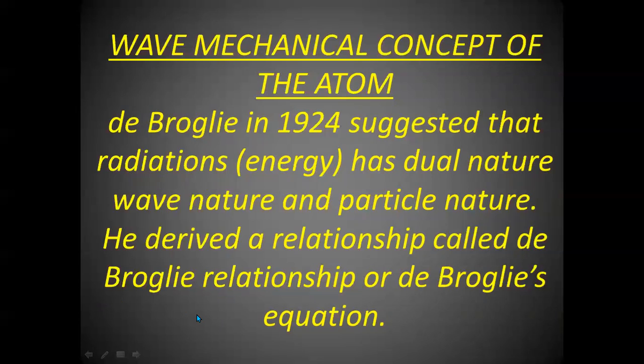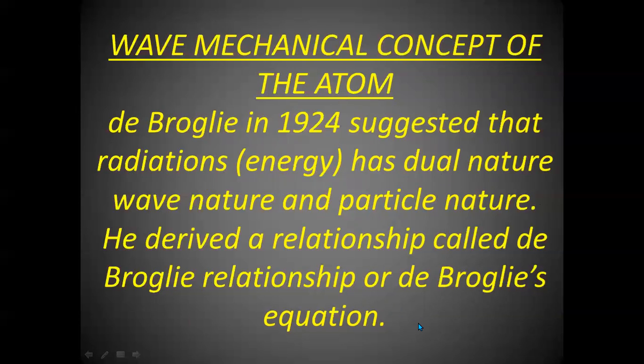So he says that we can use both natures to understand it. Therefore, it is called dual nature. So light or energy has both natures, wave nature and particle nature.